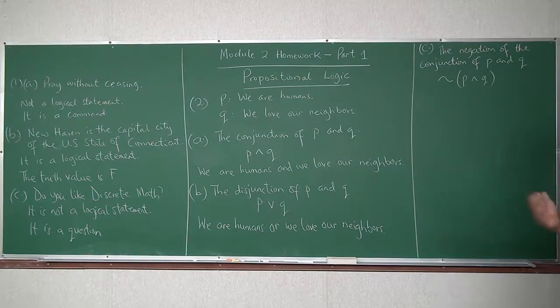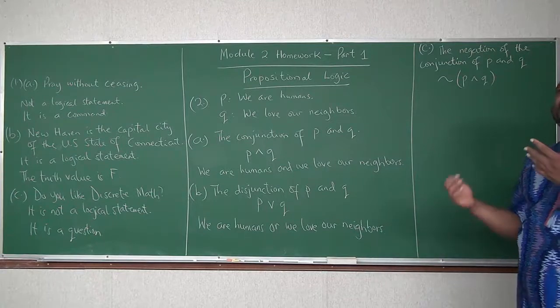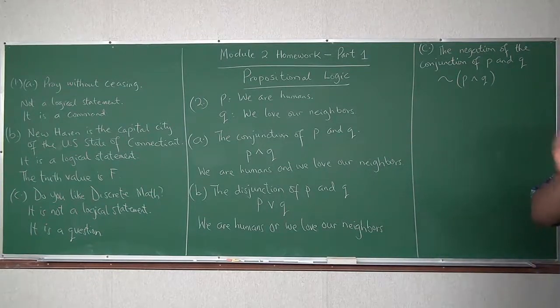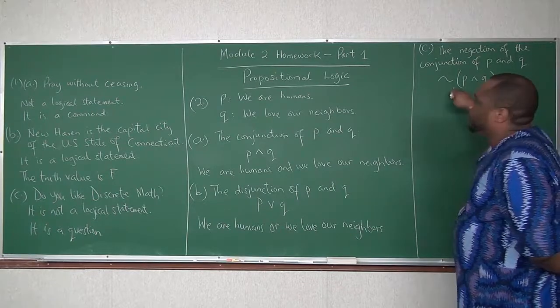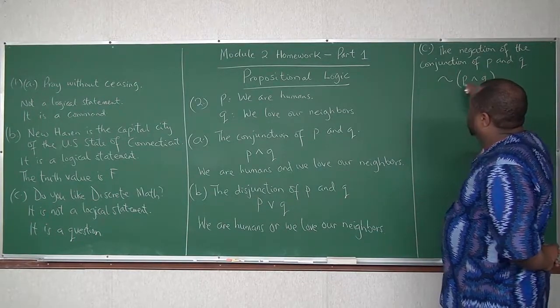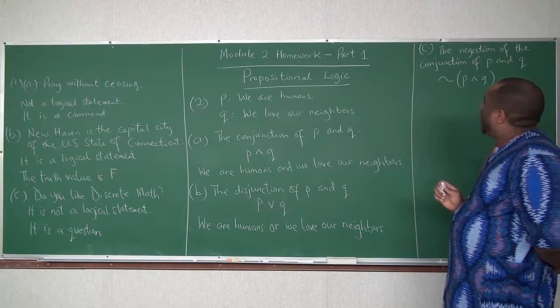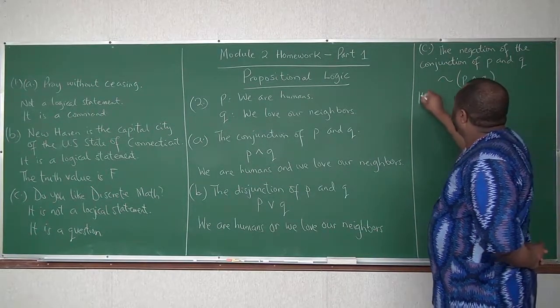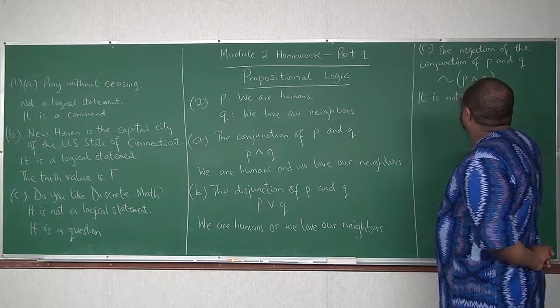Now if they say negation of P and Q, then you only negate P. But they said the negation of the conjunction of P and Q. So when you have this, this is the symbolic logic, and the English will be, it is not true.